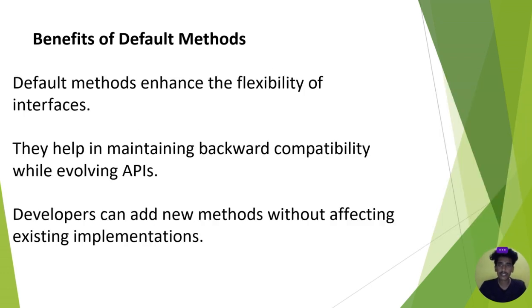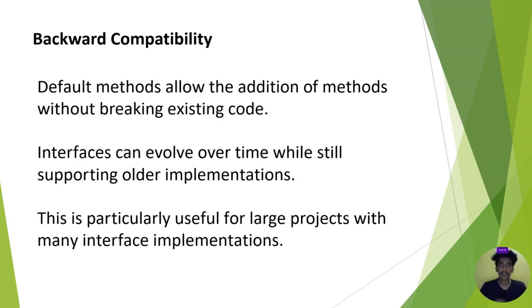Benefits of default methods. Default methods enhance the flexibility of interfaces. They help in maintaining backward compatibility while evolving APIs. Developers can add new methods without affecting existing implementations. Backward compatibility.